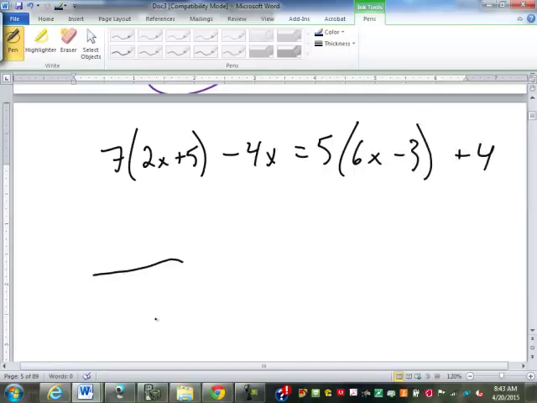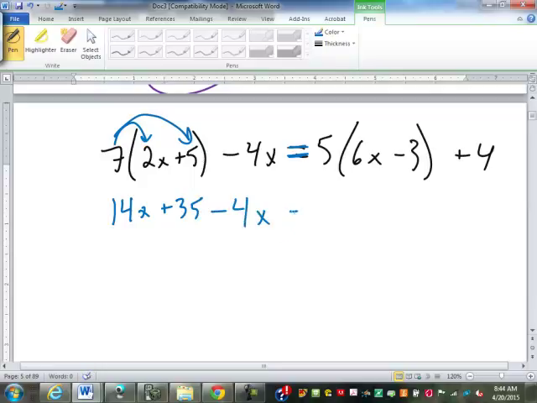How about this one? What we can do on these is treat each side of the equal sign separately until we reduce it down and simplify it. So we are going to do 7 times 2x, which is 14x. 7 times 5 is 35.